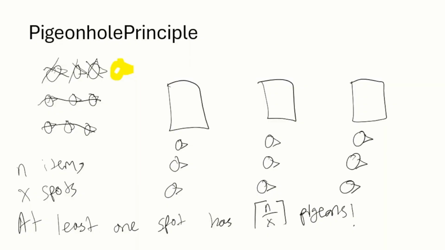So I'm gonna have to add him to one of these cubbyholes. Wherever I add him, that cubbyhole is gonna have 4 pigeons. And that's an example of the pigeonhole principle. In this case, n, our number of items, is 10, and x, our number of cubbyholes, is 3. So at least one cubbyhole is going to have the ceiling of 10 over 3, or 4 pigeons.